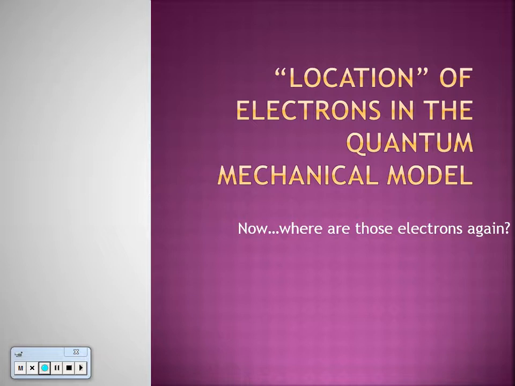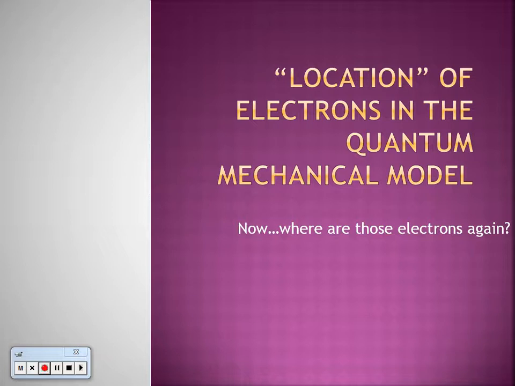Who said we can't know the exact location of an electron? Heisenberg, right? Heisenberg's uncertainty principle says we can't know exactly where an electron is and how fast it's going at the same time.